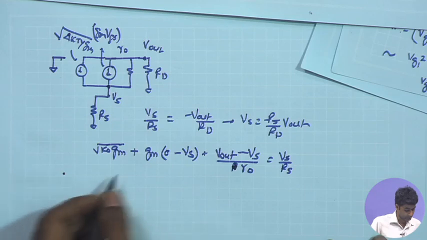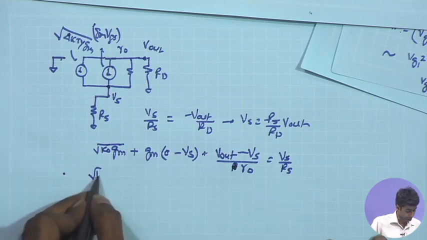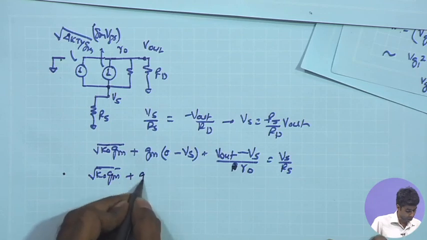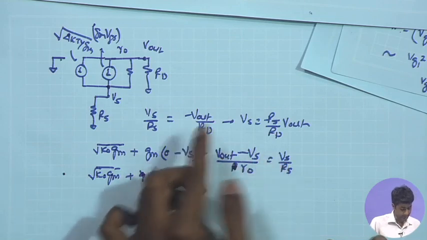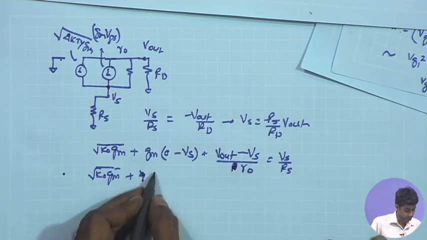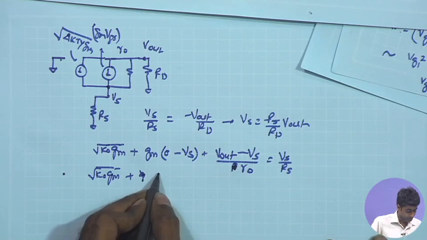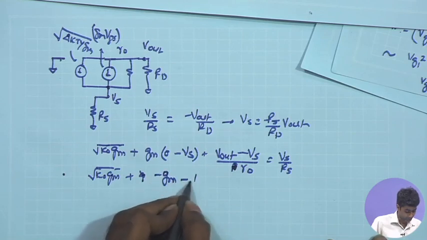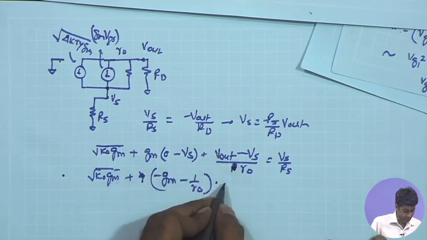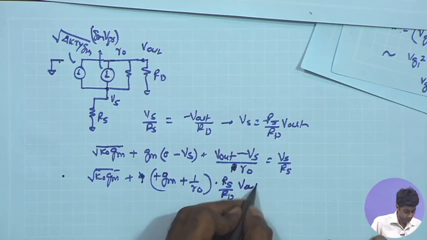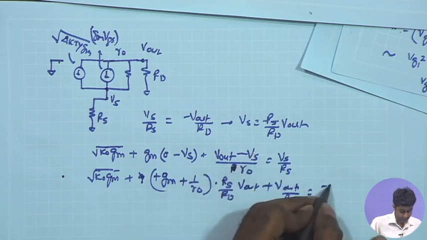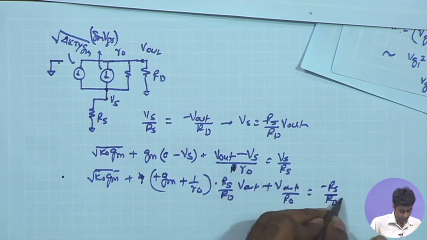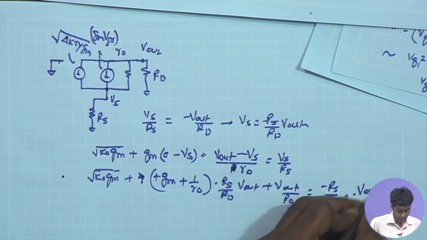This is the expression we have finally, and I can solve for Vs. You have root under K0 times Gm plus, and Vs I can basically replace by V out and then solve for it. So you have minus Gm minus 1 upon Ro times Vs, which gives Rs upon Rd times V out over here, plus V out upon Ro, and this is equal to minus again Rs upon Rd upon Rs times V out, and then you can cancel out.